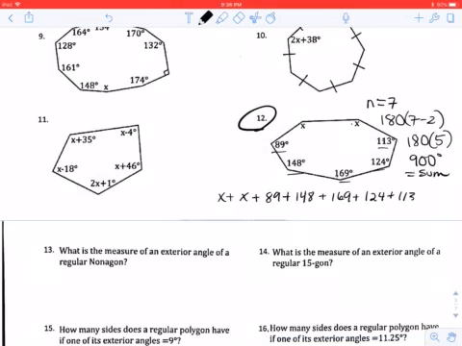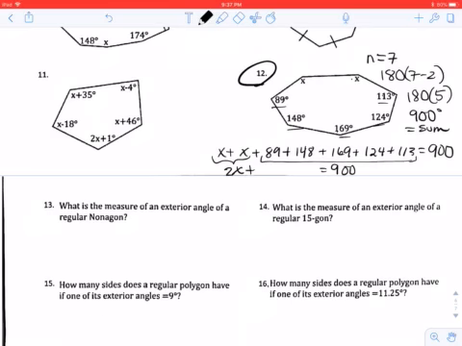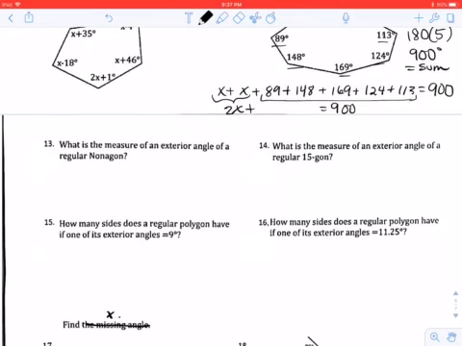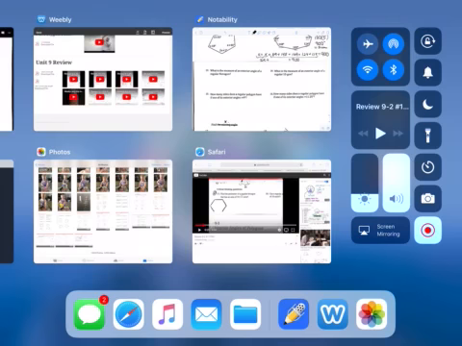So really, it should be x plus x plus all of that equals 900. Then you solve. Add all these up, and the x terms become 2x. So you have 2x plus whatever that sum is equals 900. Subtract whatever that number is from 900, and then divide by 2. And there you go, so you can finish that problem. I'm not going to do that for you. Okay, let's pause and I'll do one more.